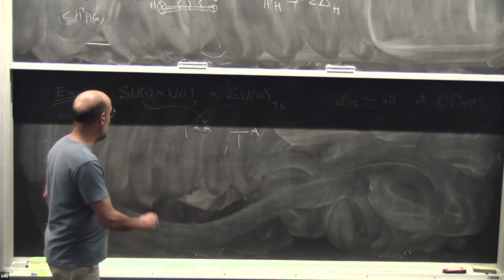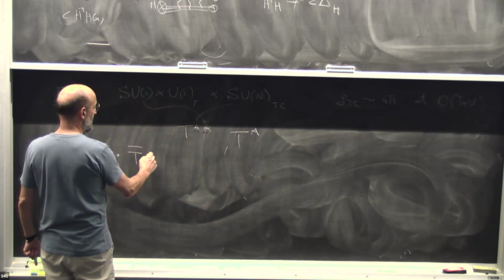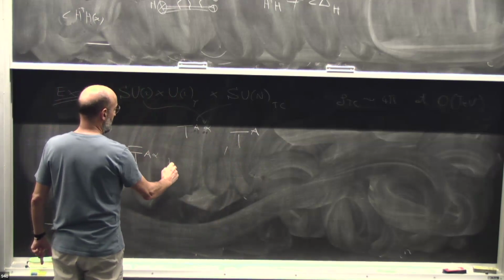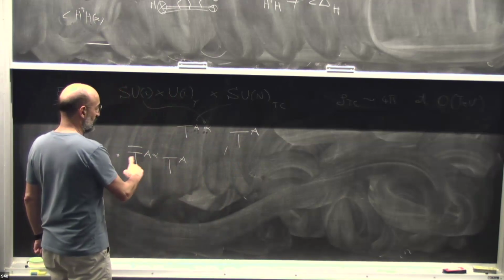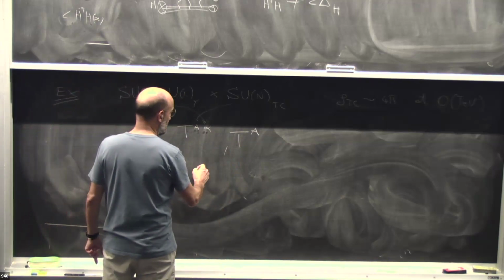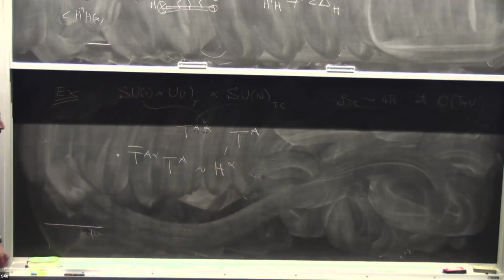And the idea here is that there exist bilinears of the type T bar alpha T A, okay? So these are fermion bilinears which have precisely the quantum numbers of the Higgs, okay?